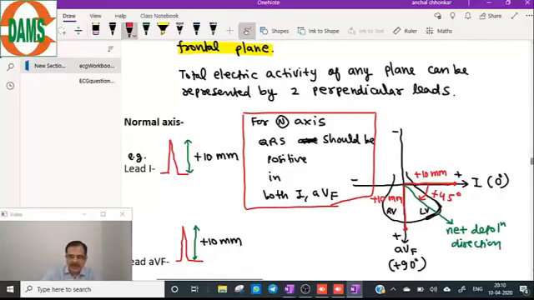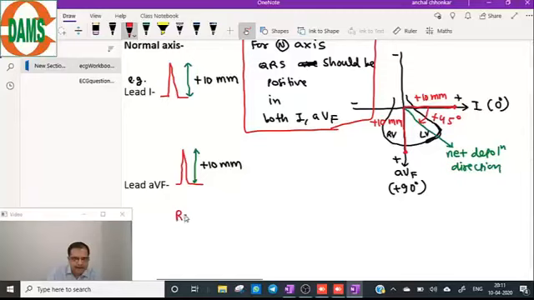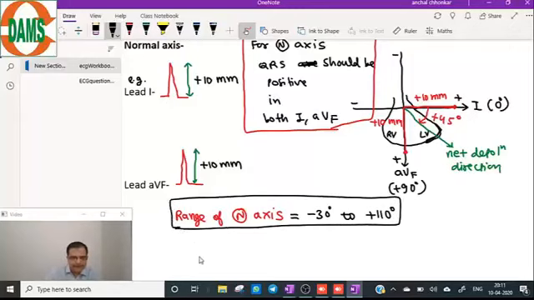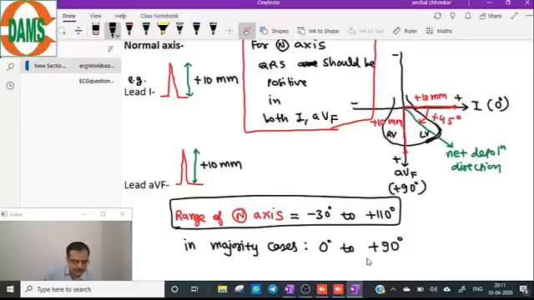In most cases, the range of the normal axis usually runs from -30 degrees to +110 degrees.